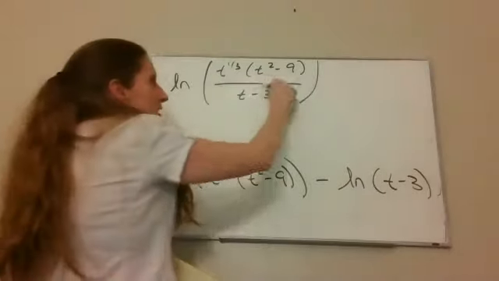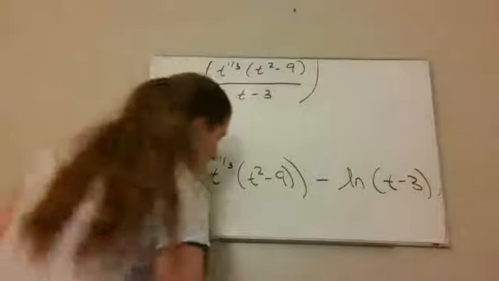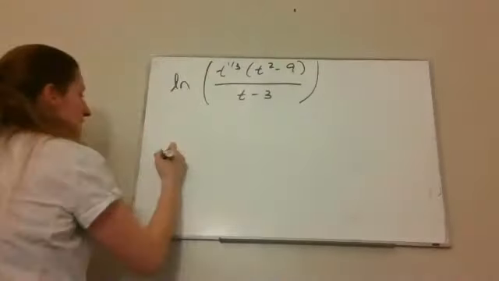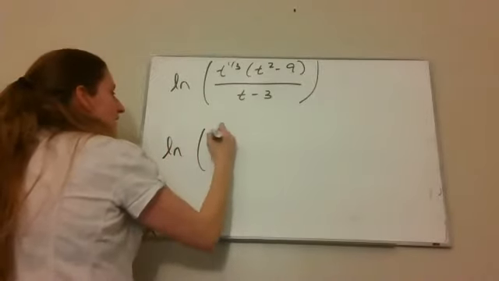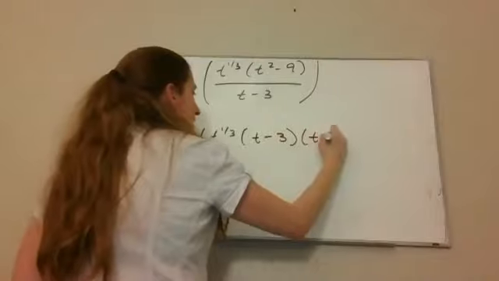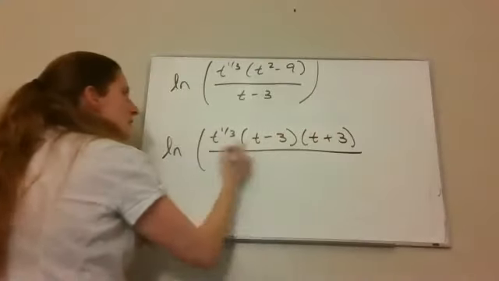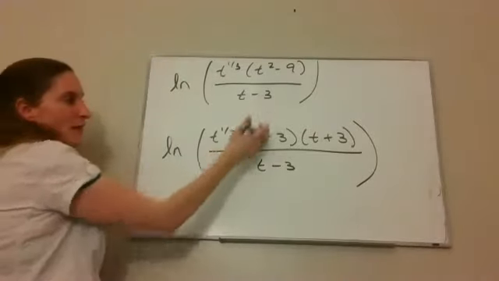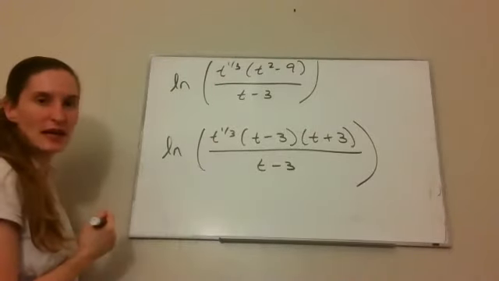How? t squared minus 9 can factor. So I know that t squared minus 9 is the same thing as a t minus 3 times a t plus 3. So now you can see that t minus 3 can cancel with the denominator.